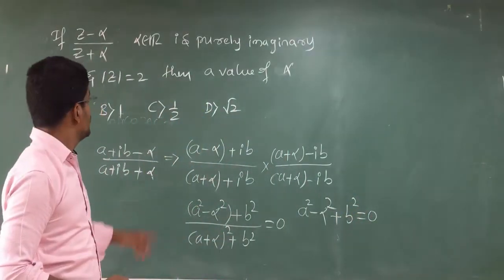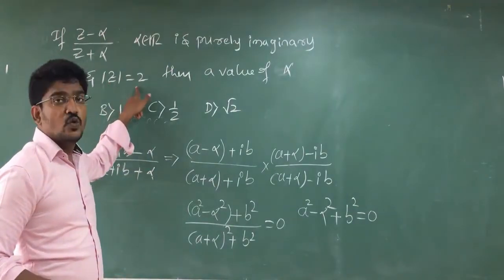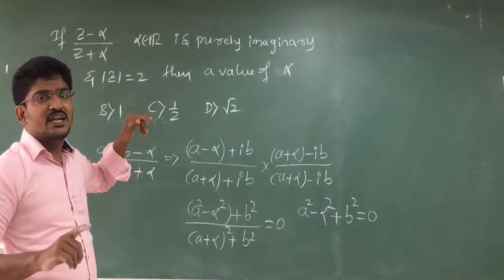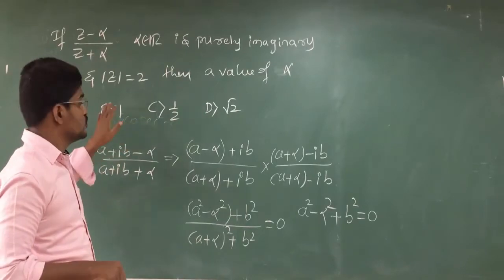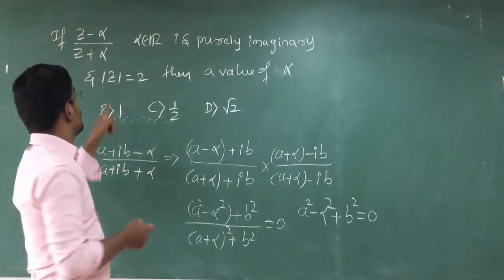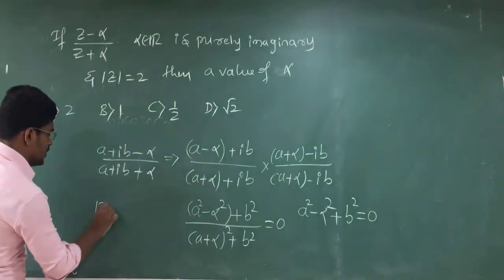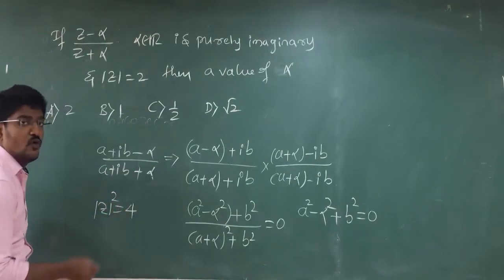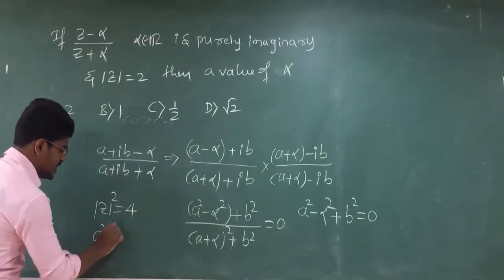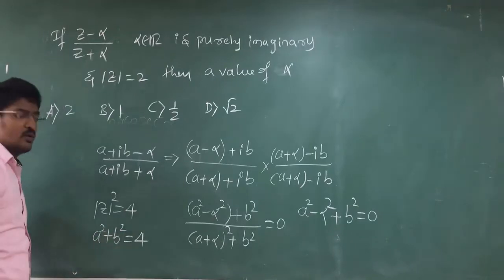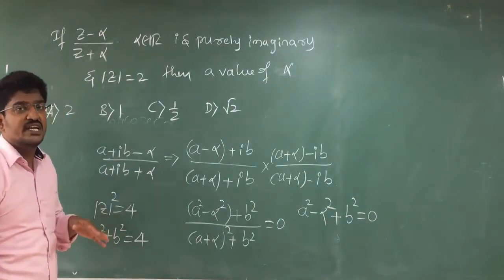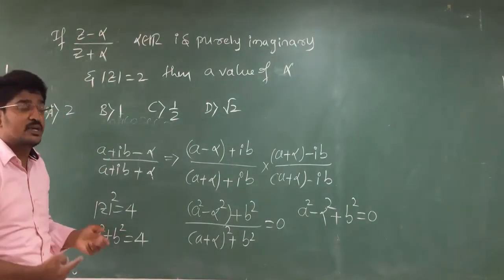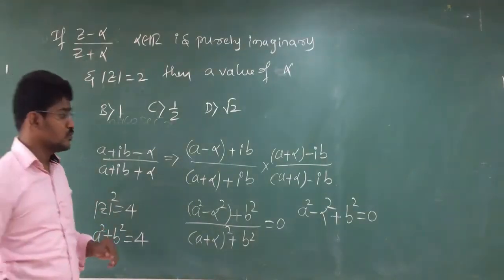As you all know, mod z is 2. What is the mod z formula? That is root of a square plus b square. So if I take mod z square, that is equal to 4. This is nothing but a square plus b square equal to 4, because mod z is root of a square plus b square, so mod z square means a square plus b square, which is equal to 4.